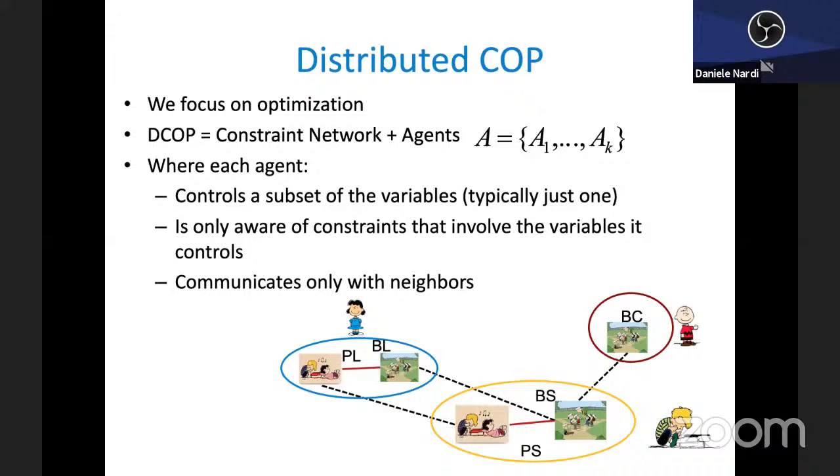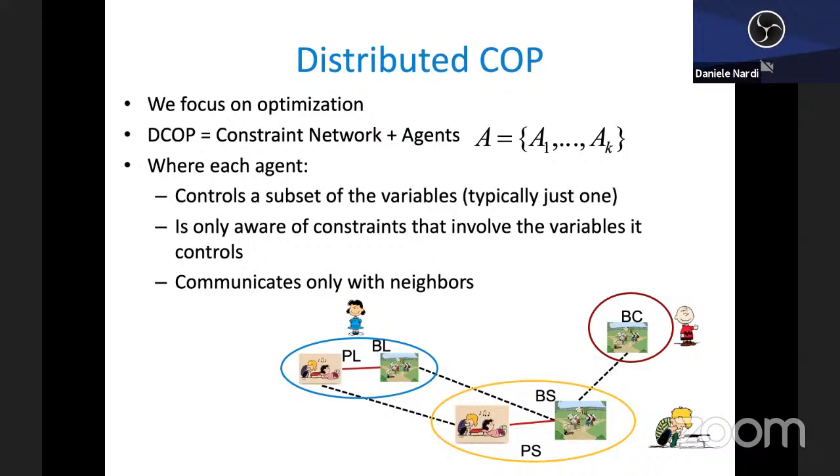So as we said, in making the constraint optimization problem distributed, we intend to reach a solution by setting the problem so that each agent controls only a subset of the variables.